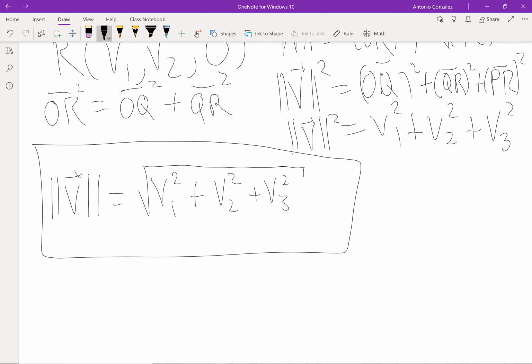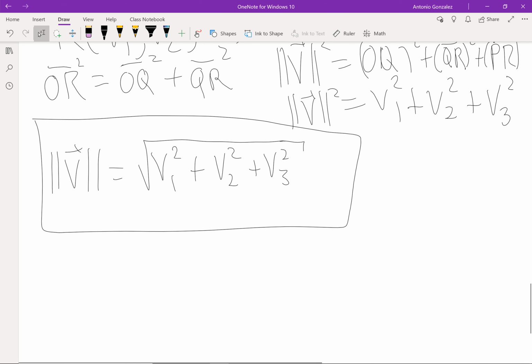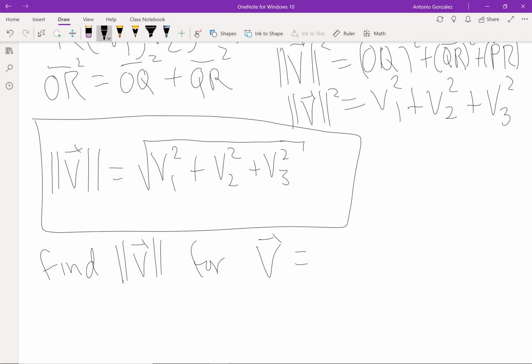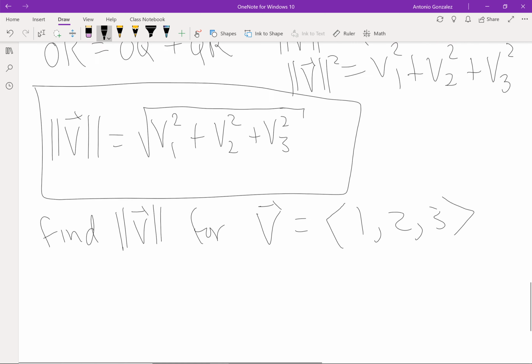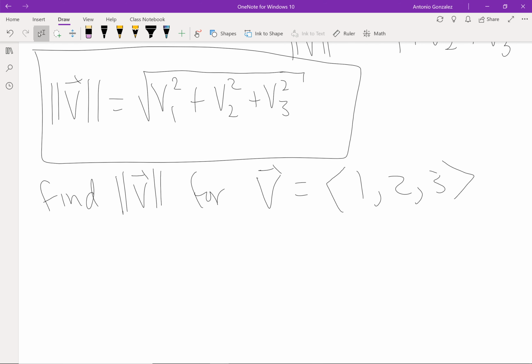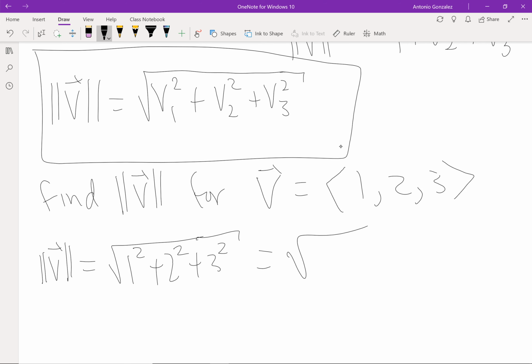Okay, so for example, if we wanted to find the magnitude for this vector, then we would have one squared plus 2 squared plus 3 squared, and that gives me square root 14.